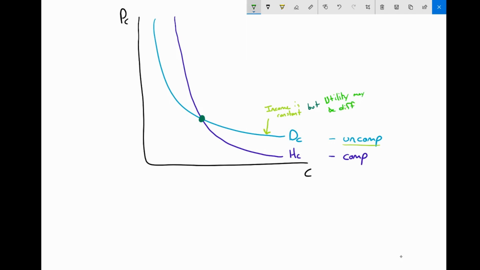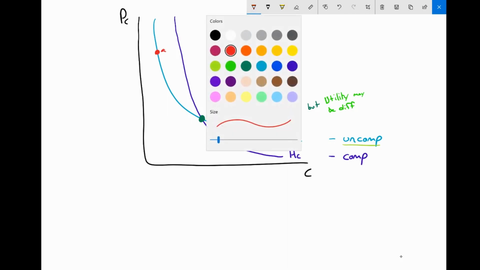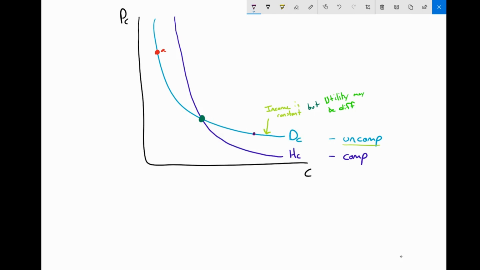So what do I mean by that? That means, let's say I had this point A, and I had this point B. These are two different points, so point A and point B, let's just use red again. So point A and point B are on the uncompensated demand curve.